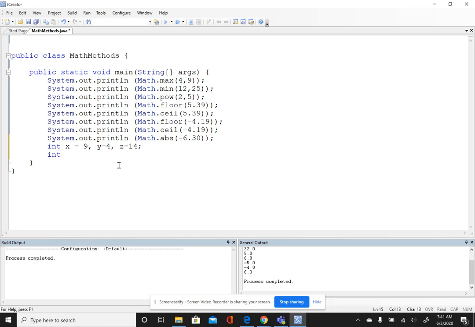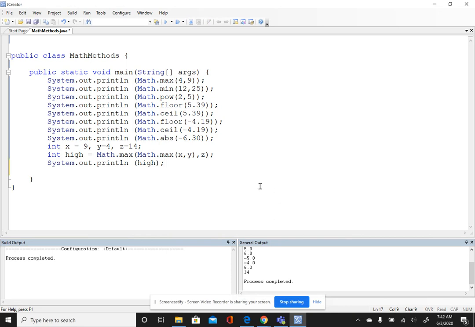Let's say I have a variable I'm going to call high, and then I can use math.max, and inside this method I use another math.max. It's like a nested method. Math.max compares the first two, say X and Y, and then whatever you got from this method is compared with the third one. Now if I print high, I should get the highest of the three, which in this case is 14.